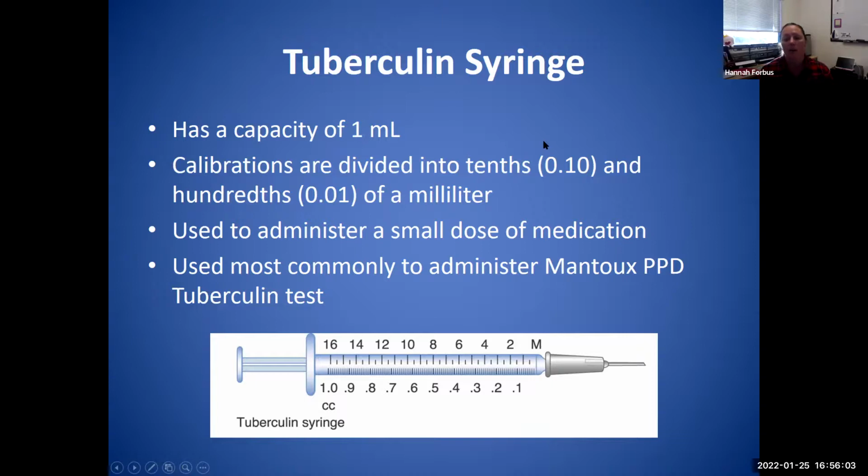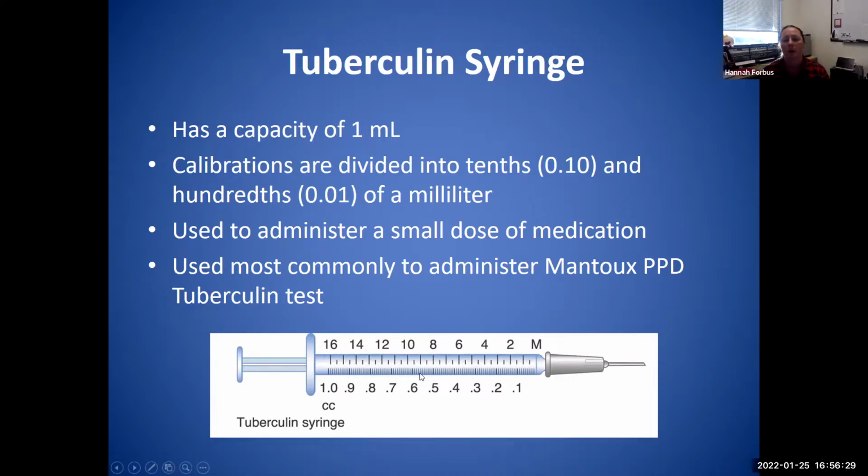So we also have special tuberculin syringes, right? These are what we use most commonly to administer the Mantoux PPD, purified protein derivative tuberculin tests. These are the old school TB tests for tuberculosis that we do intradermally, right? And they make that little wheal. And you've all probably had it done before.